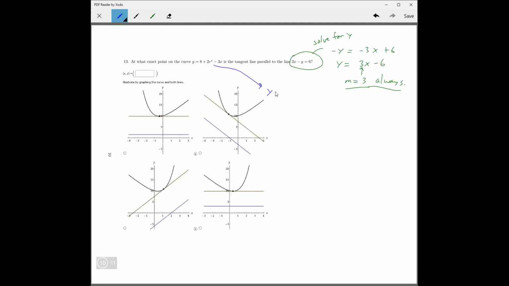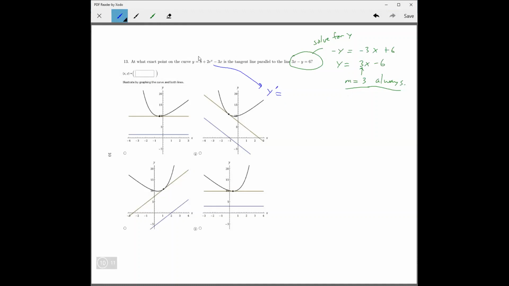Also notice one thing, if you take the derivative of all this, you get 3, which is the slope. But it's always 3.